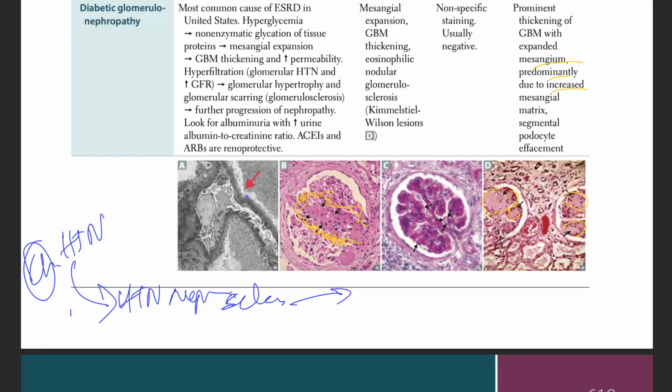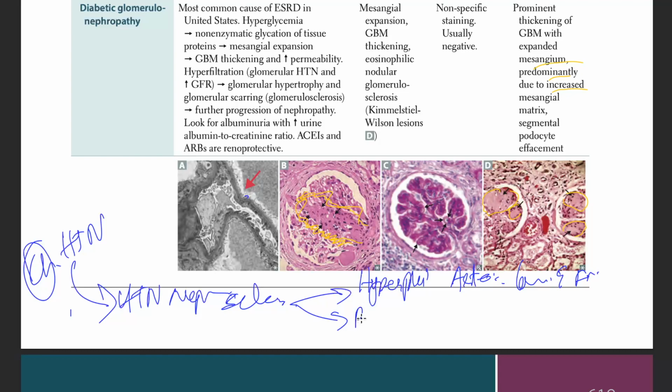It is due to two things now. If you can remember your cardiovascular, you had hyperplastic arteriolosclerosis, which was the onion skinning, and fibrinoid necrosis. Okay, that's the one thing.